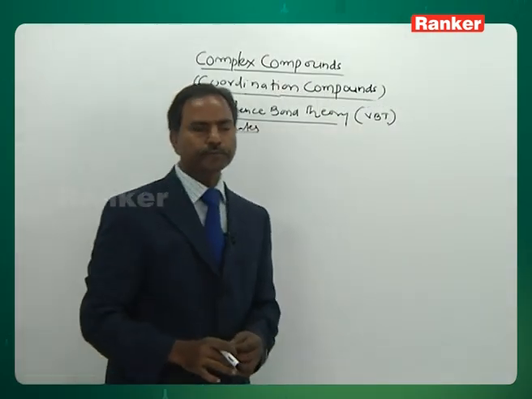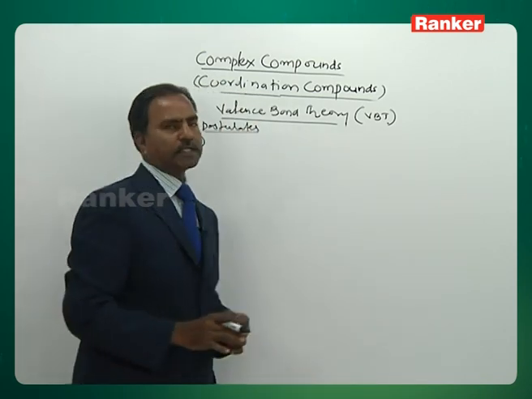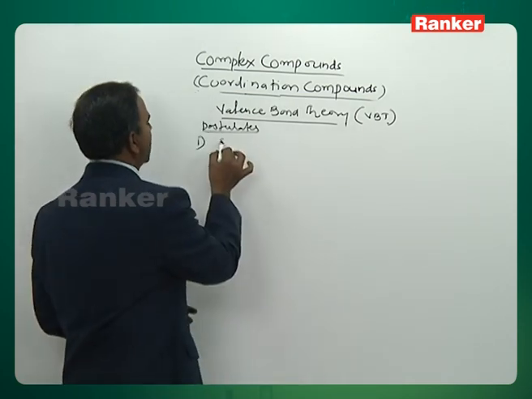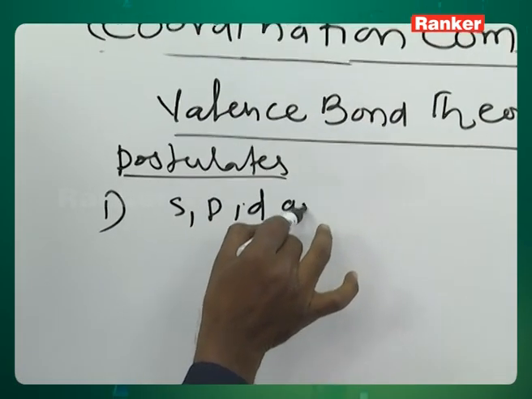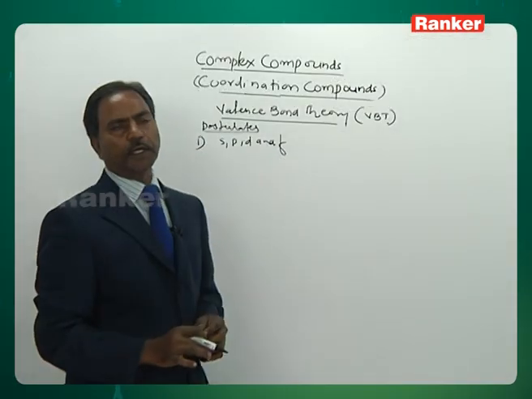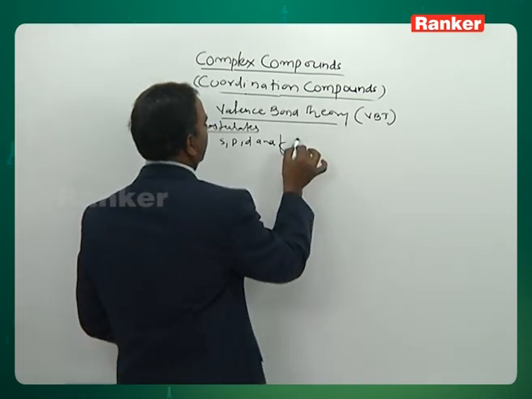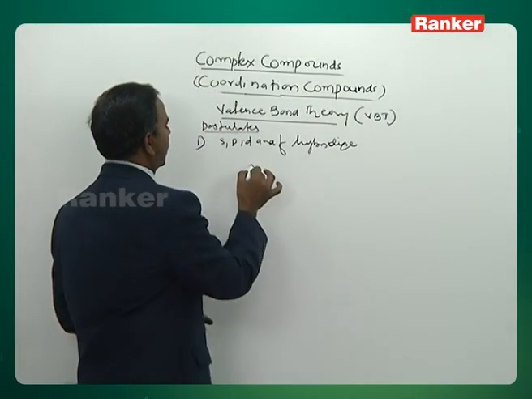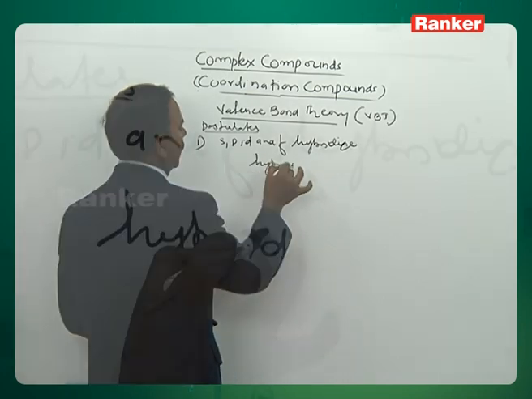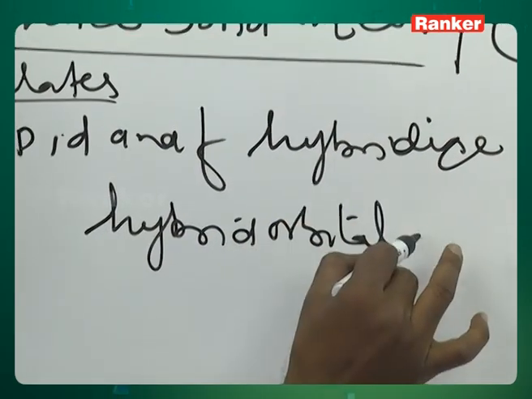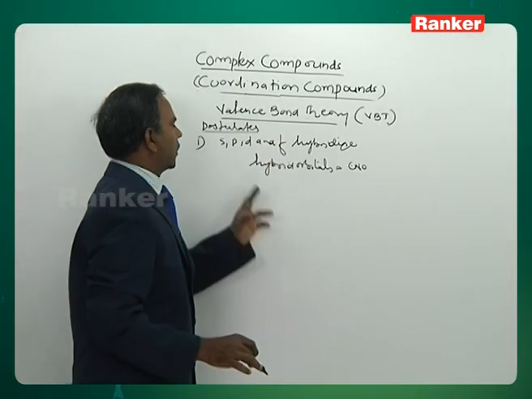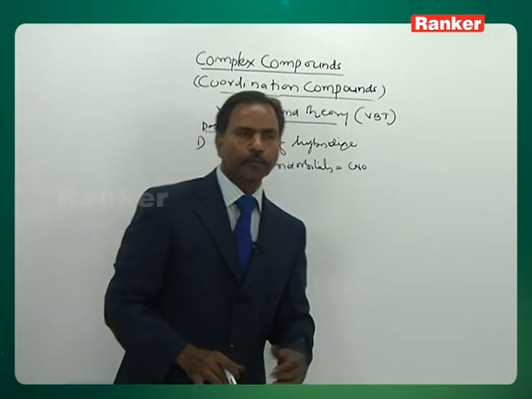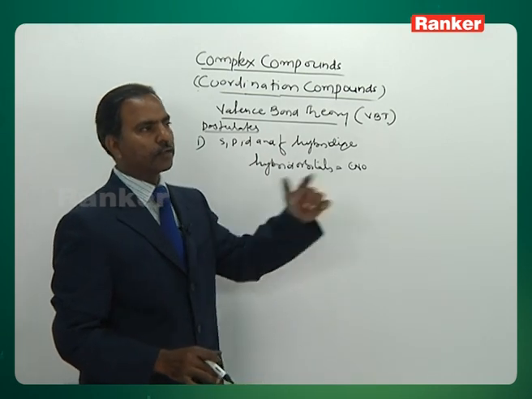Valence bond theory. In metal complexes, the vacant s, p, d and f orbitals hybridize together, producing hybrid orbitals equal to its coordination number.